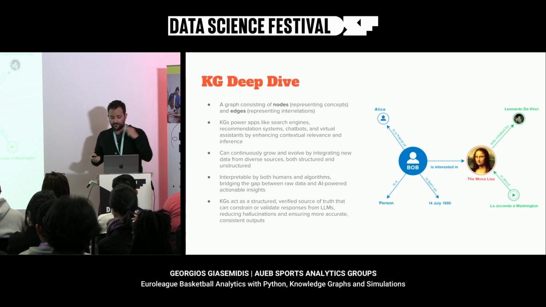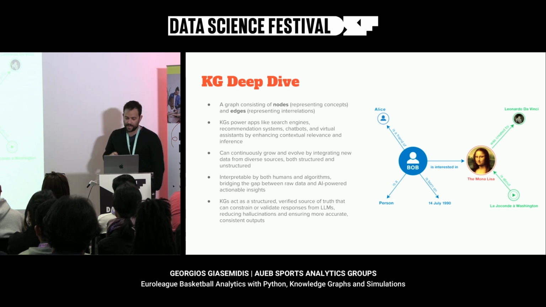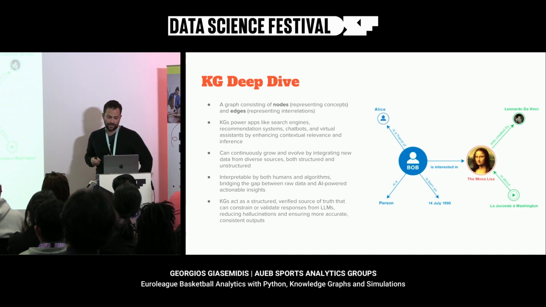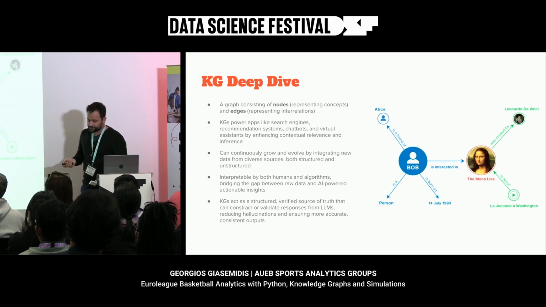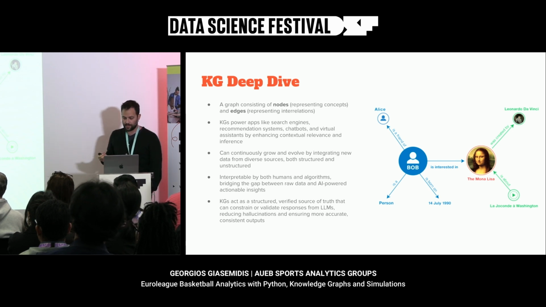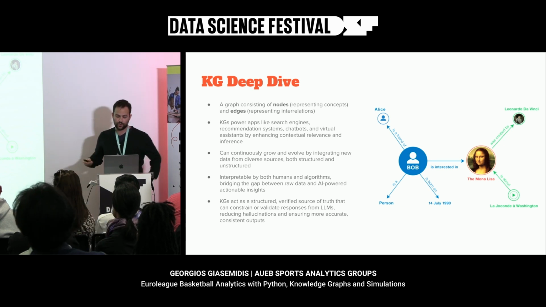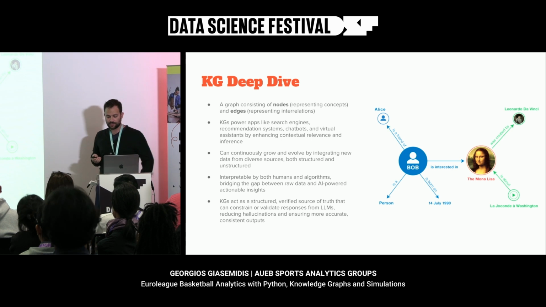And also, they're very powerful because they can be interpretable both by humans and algorithms, so bridging the gap between raw data and AI-powered insights. And knowledge graphs act as a structured, verified source of truth, particularly in the modern era of LLMs. So they can be used to reduce hallucinations and ensure more accurate outputs.